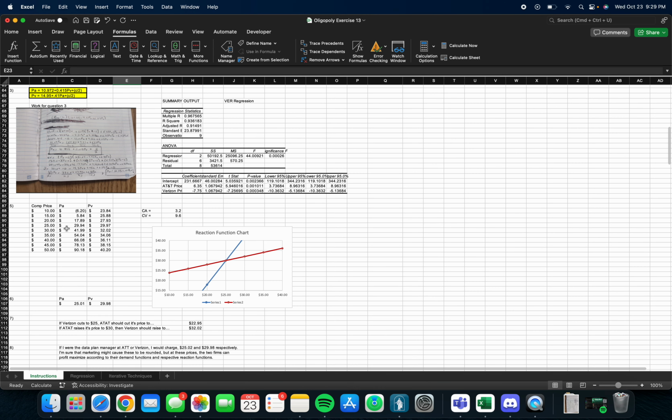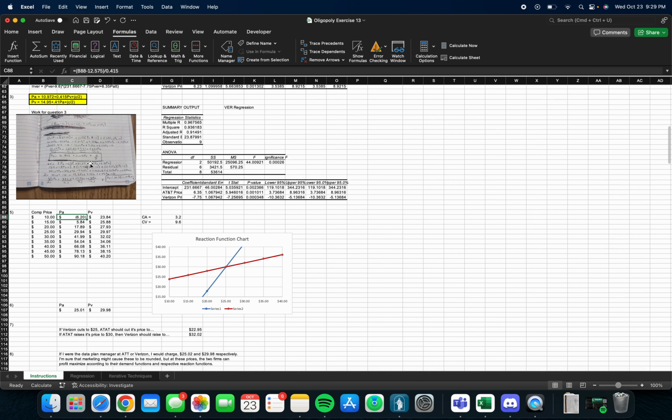Question 5, what I did is I had these comparable prices, and for each of these I used the reaction functions, but this one I used an inverse reaction function.